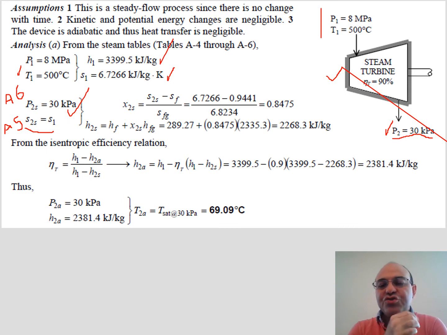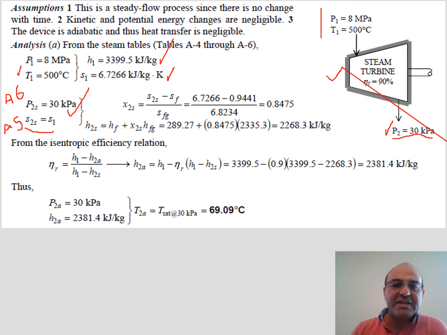But you say S2S, because even though the turbine is irreversible and non-isentropic, first you assume that it is isentropic, and then go ahead and take into account the isentropic efficiency. Without this, you will not be able to do the problem.